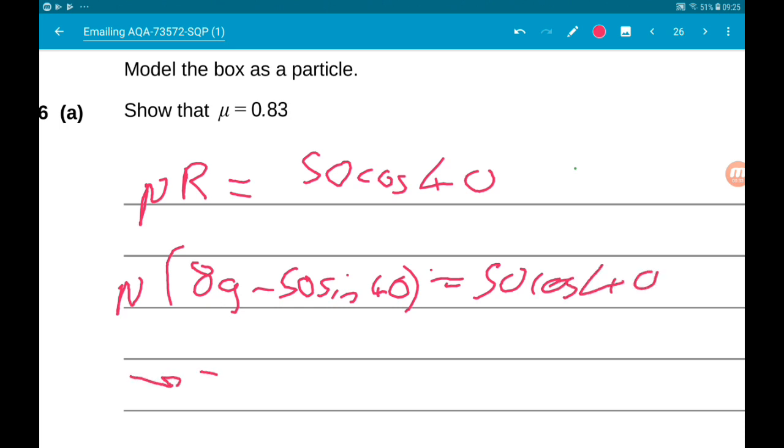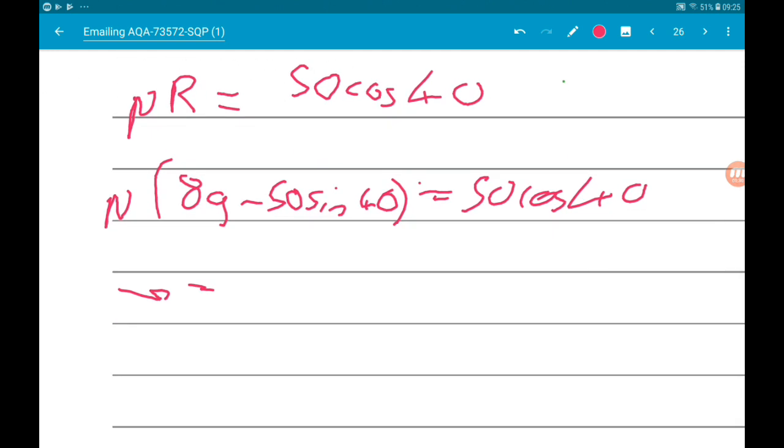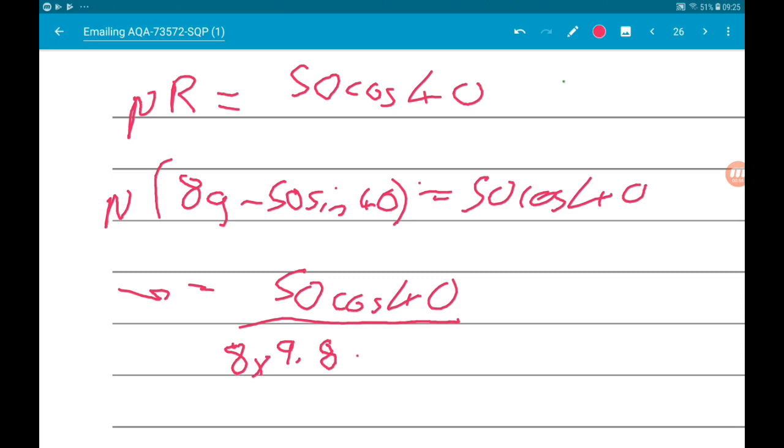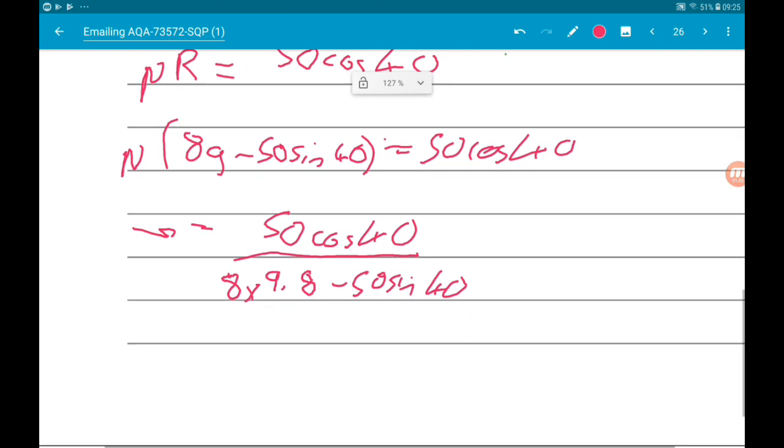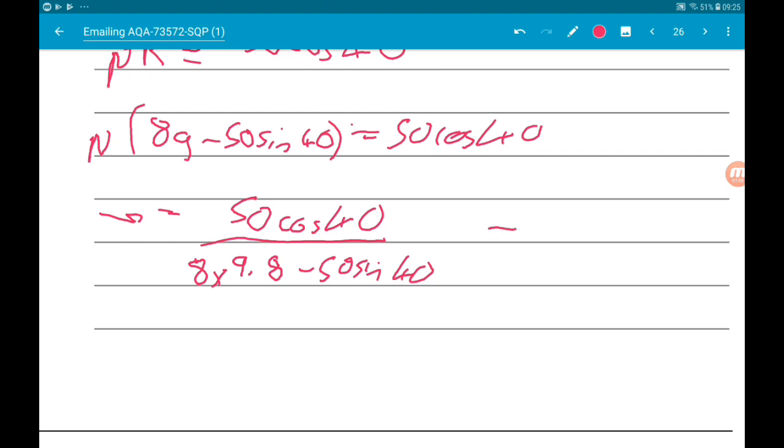Therefore, mu is 50 cos of 40 over 8 times 9.8, which is g, minus 50 sine 40. Now if you put that into your calculator, we do indeed get 0.83226. Cool.